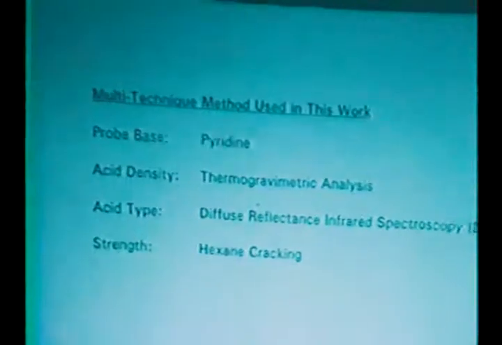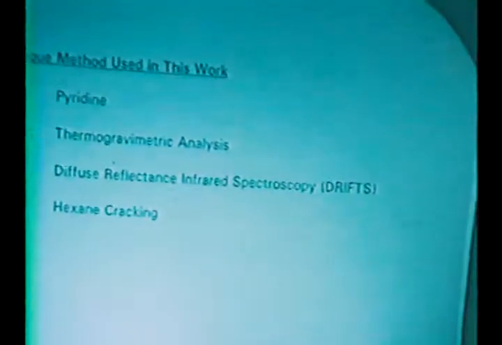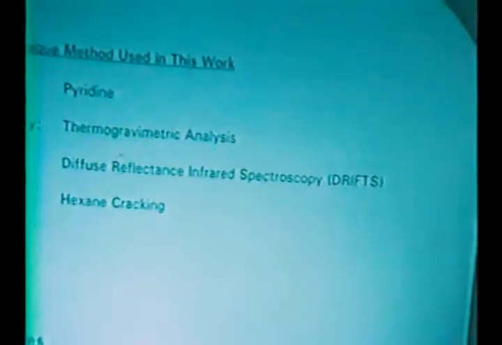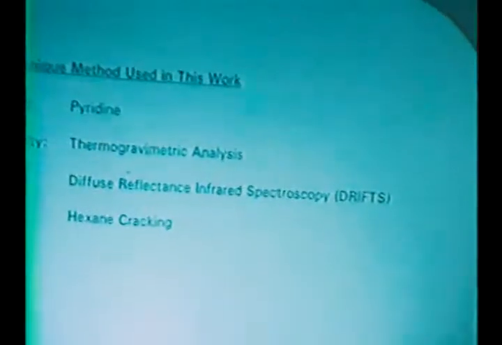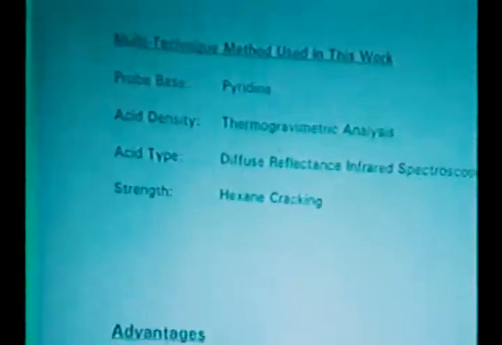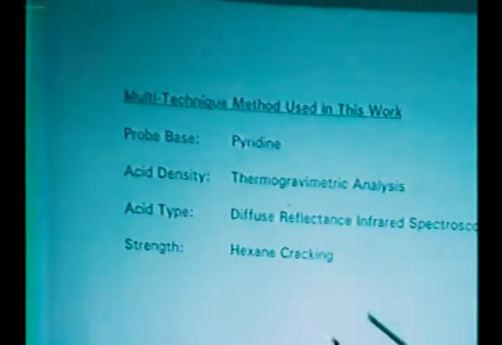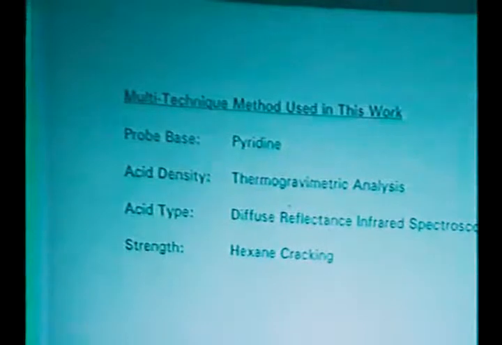The way we do this is, after calcining the sample at 400 degrees C, we run a nitrogen-pyridine mixture over the catalyst, and when it levels off and there's no more uptake, we stop and we calculate the total acidity. To make sure that we eliminate diffusion problems and so forth, this runs for at least 7 hours normally to reach a complete plateau.